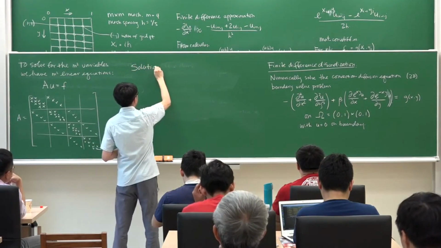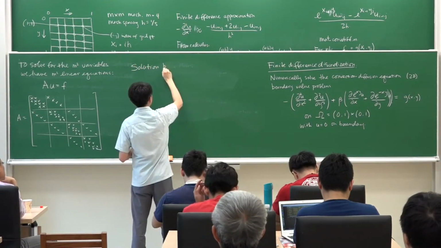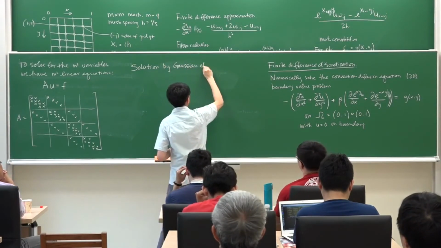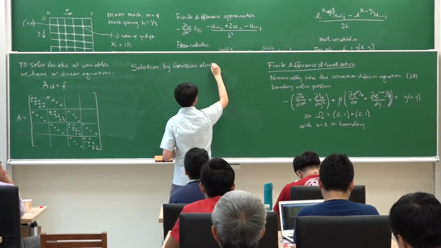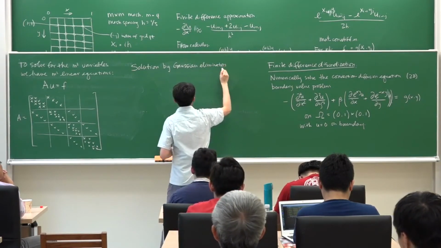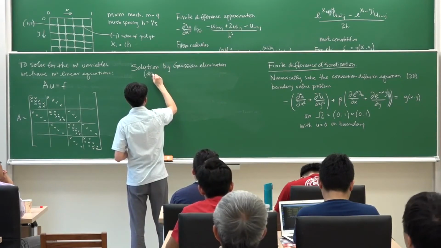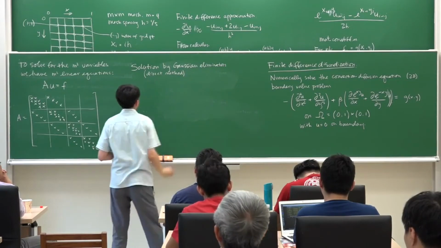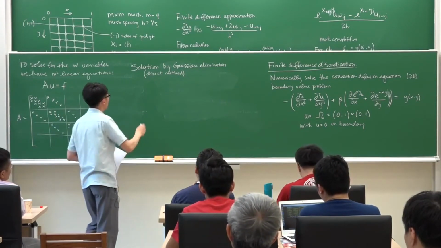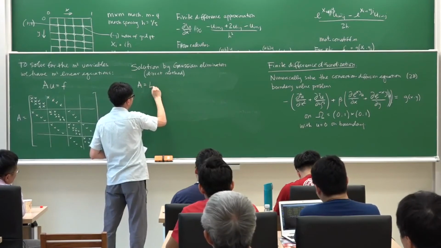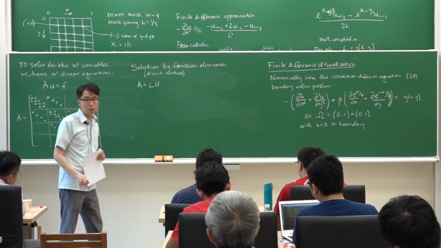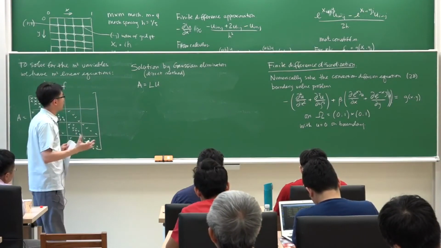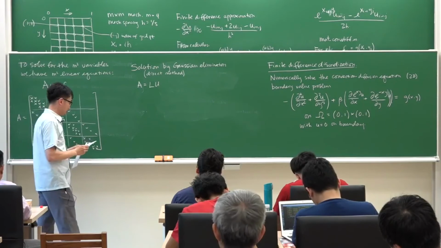Okay, so we're going to look at solution by Gaussian elimination, which is a direct method. As review, or in case you haven't seen this before, we have the matrix A. We're going to factor it into the product of a lower triangular matrix and an upper triangular matrix. I'm going to assume that there's no pivoting to make things simple.